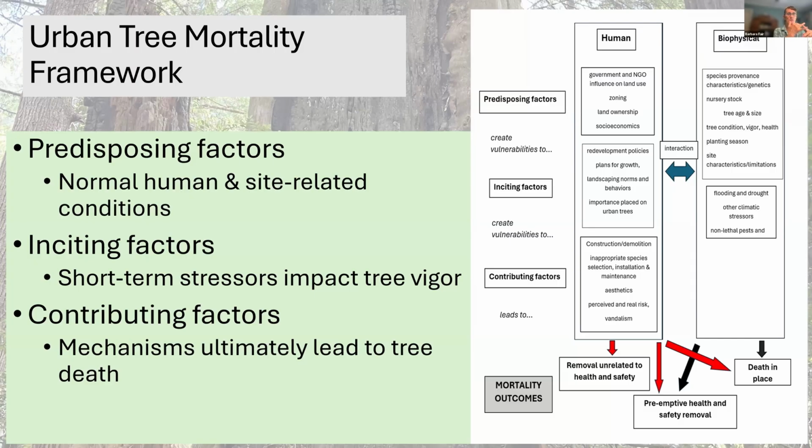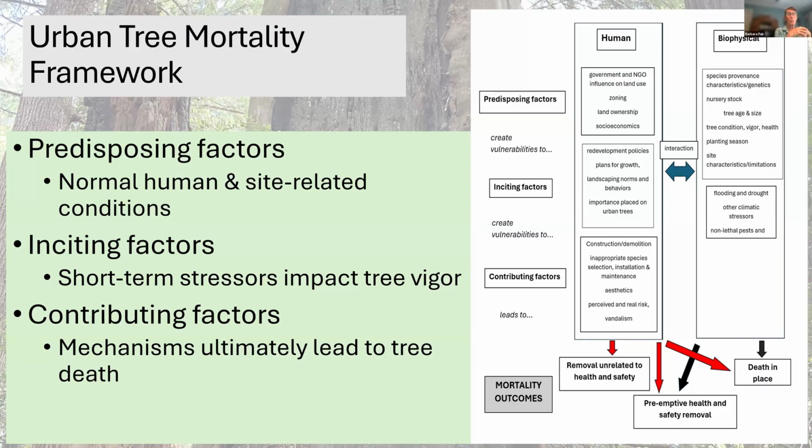We have predisposing factors, inciting factors, and then contributing factors. And so you see we have a category for humans, which is a lot longer than the category for biophysical, or what happens with the plant itself, or the environment. So predisposing factors are things like just normal human and site-related conditions.